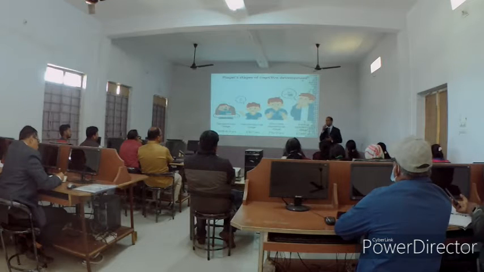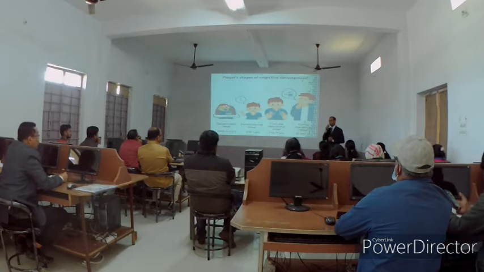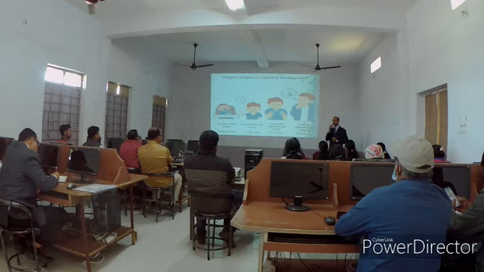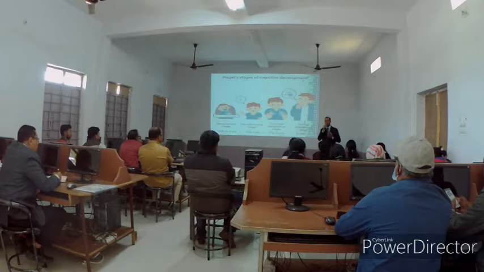So we need to understand what the stages should be, and what the level of questions should be. This will all be discussed in Bloom's taxonomy. If you are asking questions, what is the way of making them? What type of questions should be made for the children of class 1, class 2, class 3, class 10? The level of questions is all about Bloom's taxonomy.